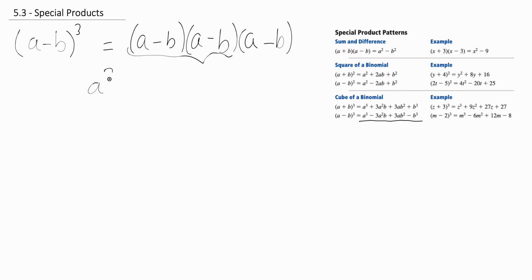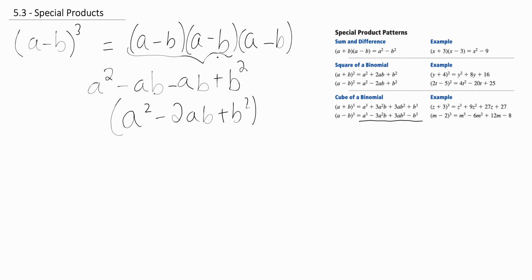We get a squared minus ab minus ab plus b squared, which simplifies to a squared minus 2ab plus b squared. That comes from just the first two of the binomials.